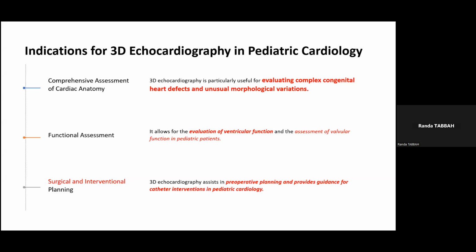During the procedure we can use 3D echo with transesophageal echo, for example, when we are doing a closure of an ASD with an Amplatzer device or other things.